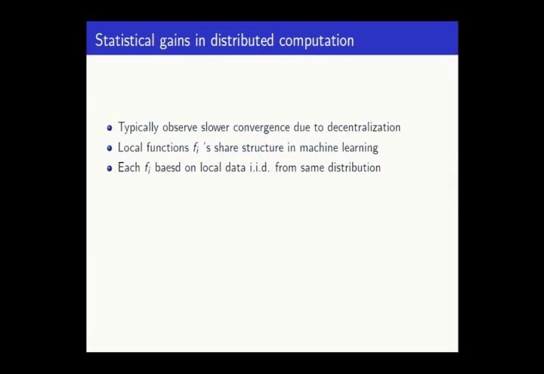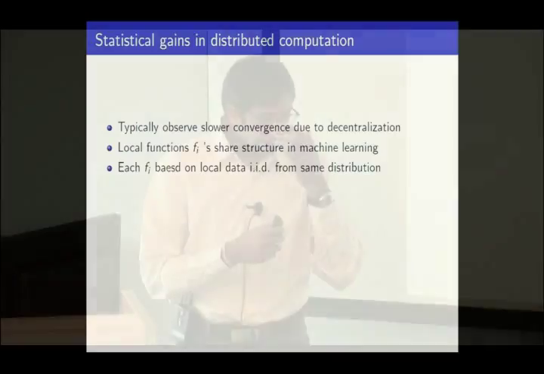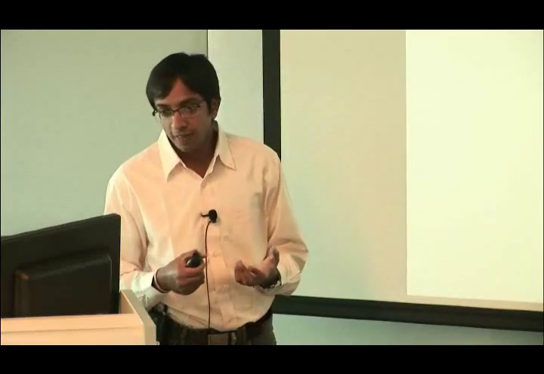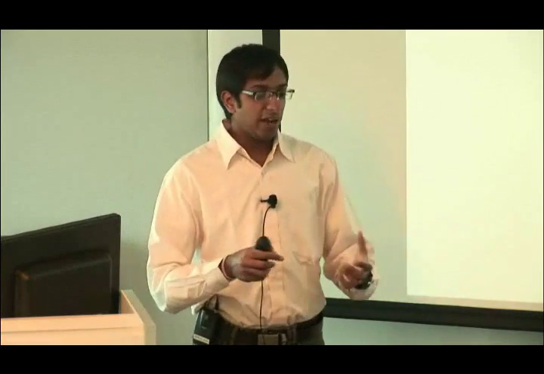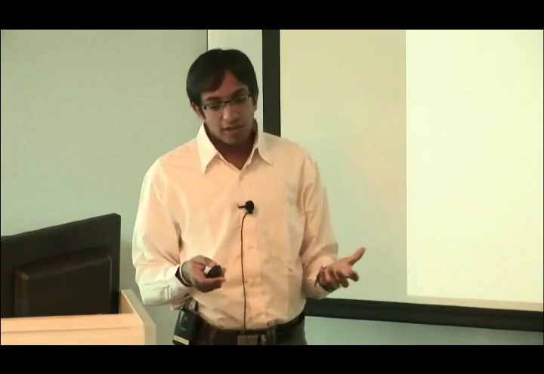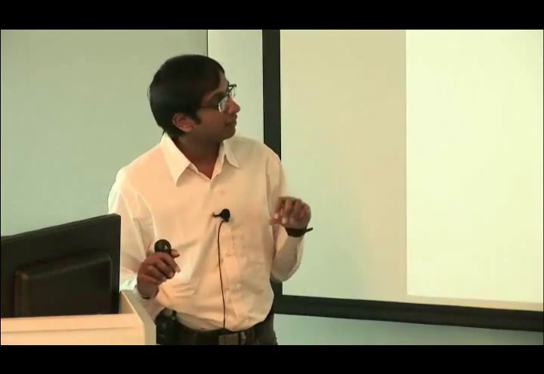But what was unsatisfactory about this and a lot of the past work was that typically we observed loss in convergence rates due to decentralization. Because we are trying to solve this problem in a decentralized way, where the functions f_i are not known centrally but split over a network, we were seeing that having a complete graph, where everything is present in the same place, is the best thing.